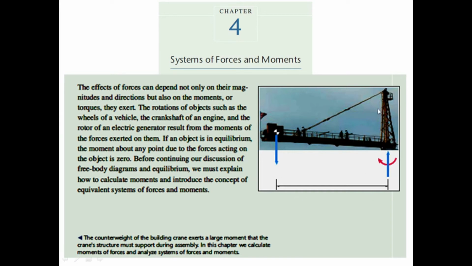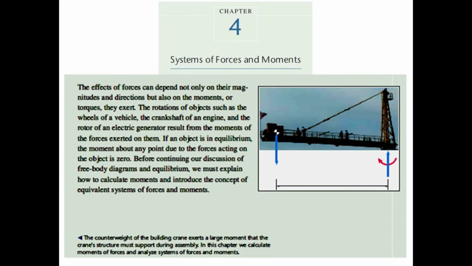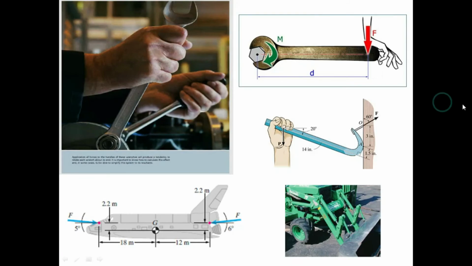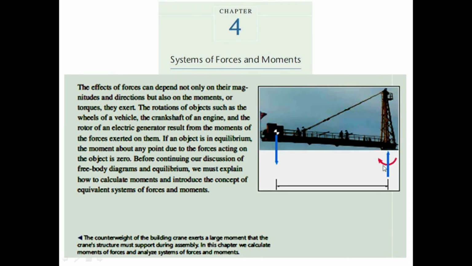You want your system to be in equilibrium, so that equilibrium is provided by this red moment. It has to have the same magnitude, but the direction will be opposite to this one.